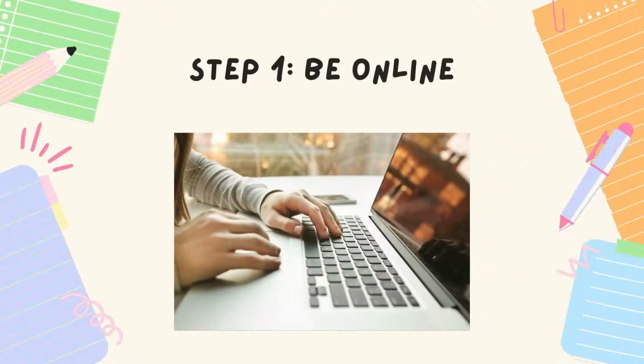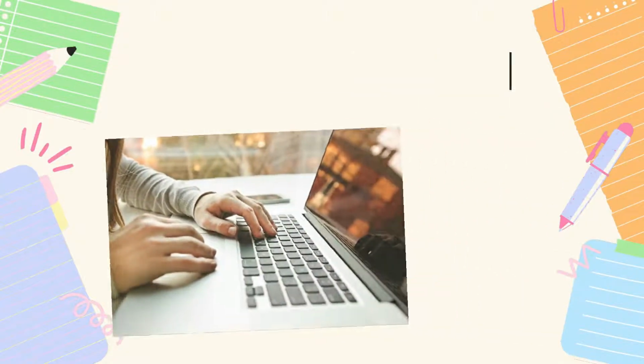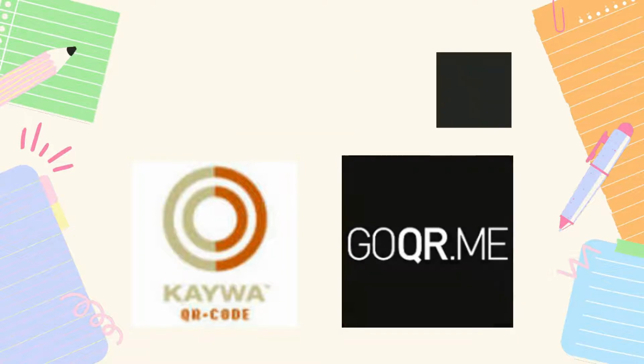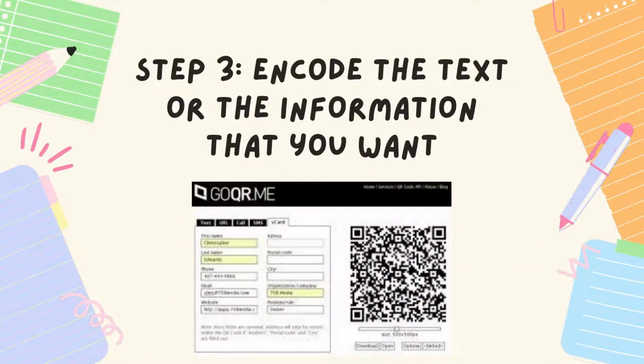First step, be online. Step 2, search for a QR code generator and ensure that you read the information about the application. Step 3, once you have identified your free online QR code generator, you can now encode the text or the information that you want.